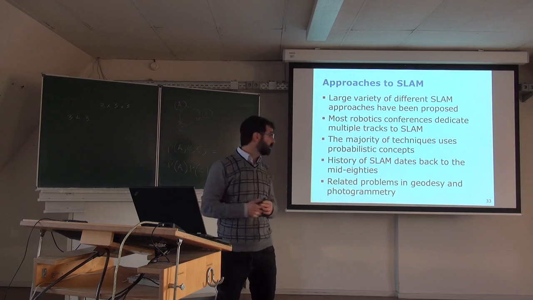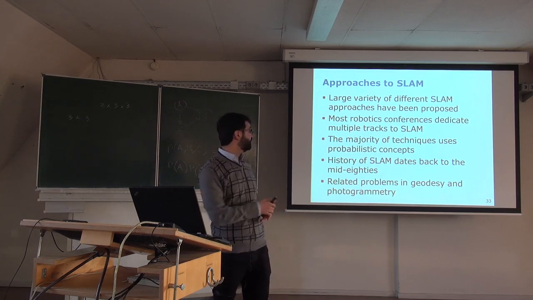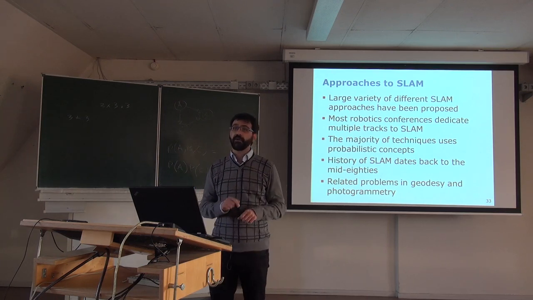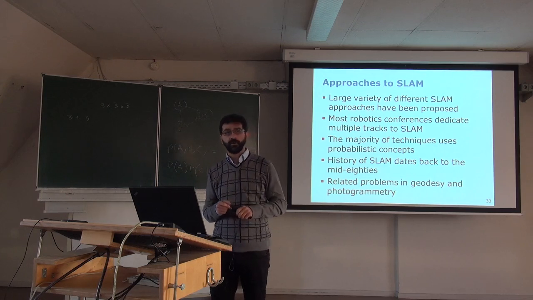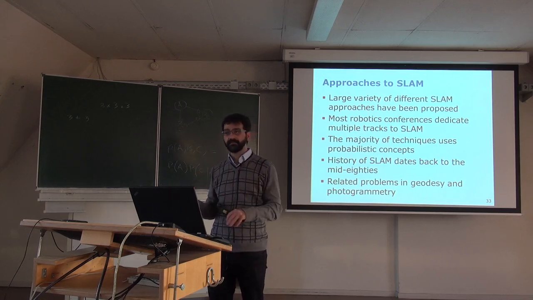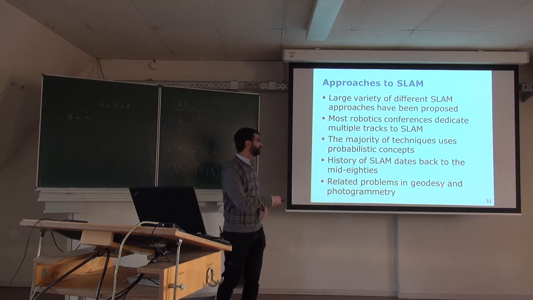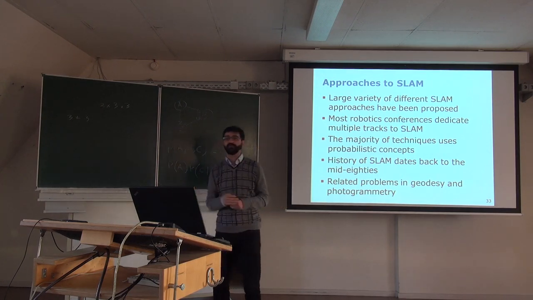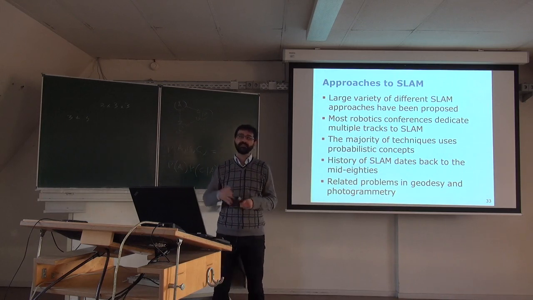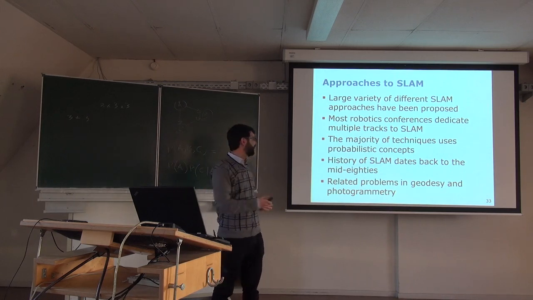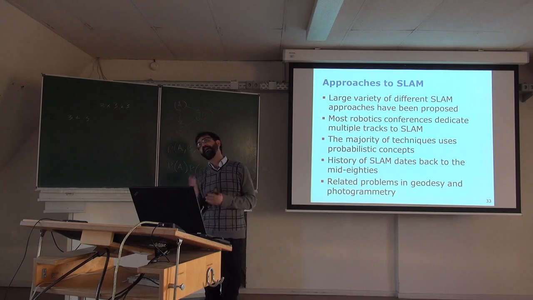There are also some other problems in geodesy and photogrammetry, which are connected and slightly different. For the people who do not know, geodesy is the science that studies the Earth, and photogrammetry is the science that studies how to build maps of the world.